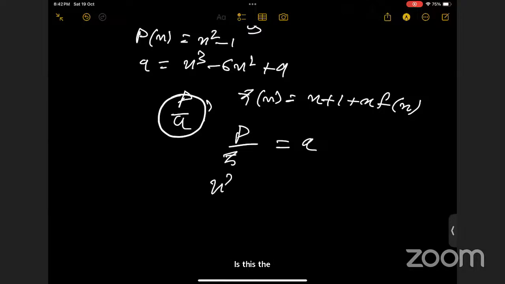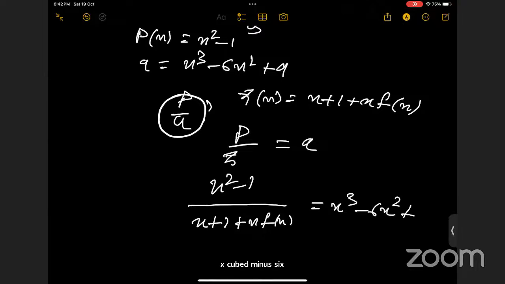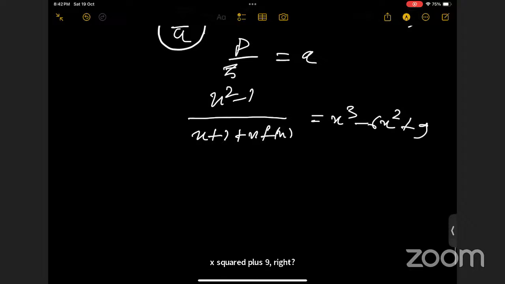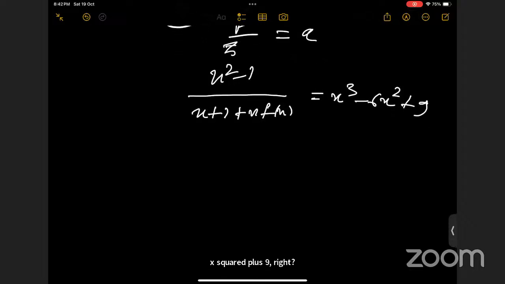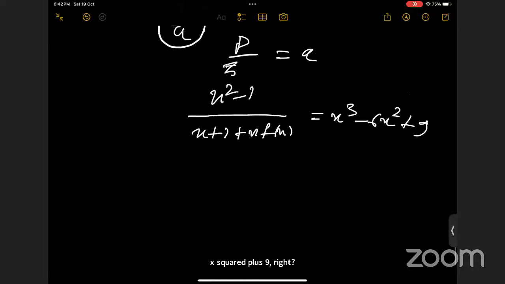So x square minus 1 here you have, and here we have x plus 1 plus x into f(x). This is equal to x cube minus 6x square plus 9, right? Yes, ma'am. So, can we factorize this?